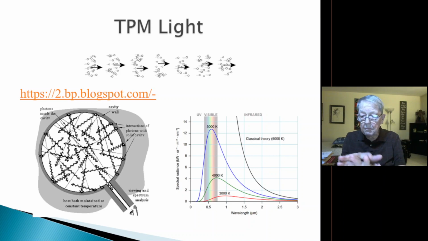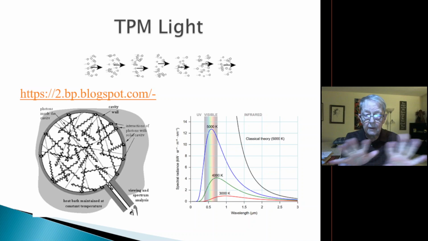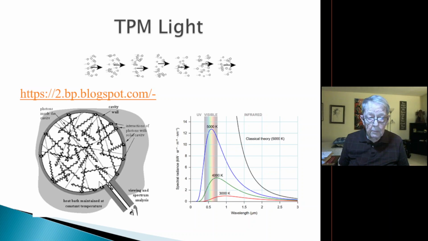So you get a mix of peaks that don't match the original emission. So you end up with random peaks coming out here, and that's why you get so many different wavelengths or frequencies. I'm going to concentrate on this 5,000 degree Kelvin curve and see whether I can at least empirically match that curve.